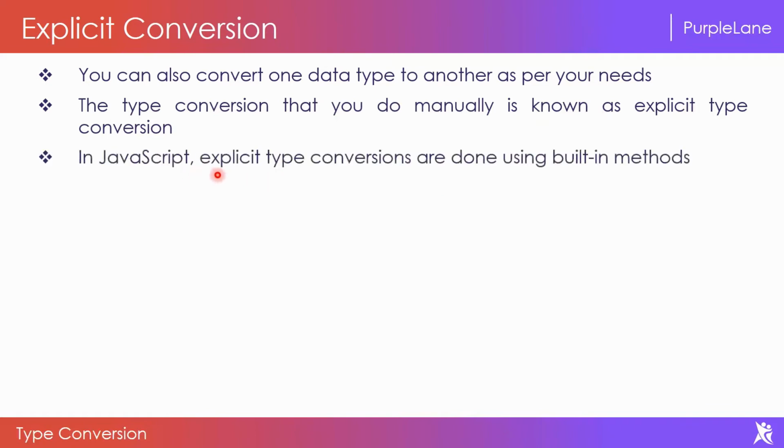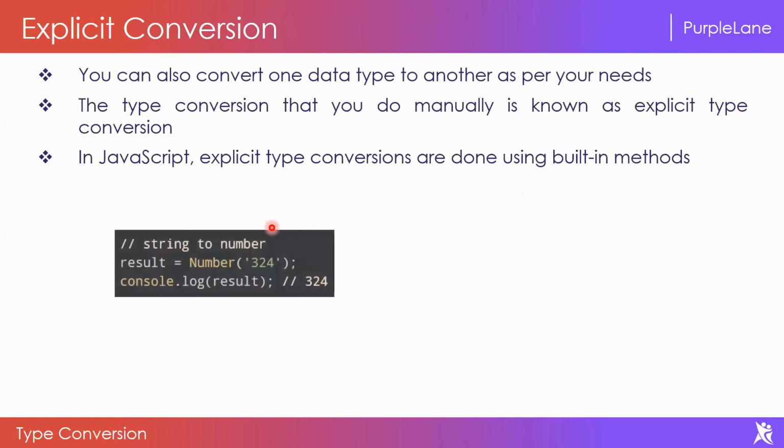In JavaScript, explicit type conversions are done using built-in methods. Don't be confused about methods; we are going to talk about methods in an upcoming lecture. For now, just think of a method as something which takes some input, performs some work, and returns some value. That's a simple definition of a method.